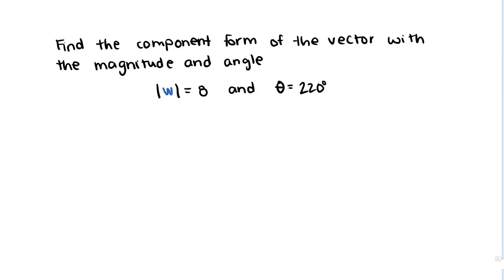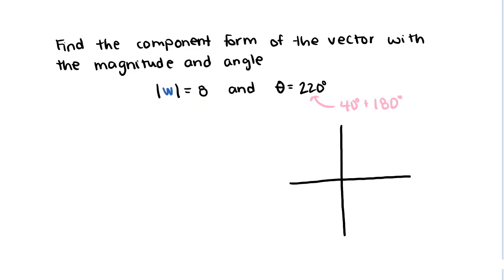So let's do the same thing and find the component form of the vector with magnitude and angle 8 and 220 respectively. And so here if we draw out our vector again, with the initial point at the origin, well, 220 degrees, that's 40 degrees past 180, or this is the same as 40 degrees plus 180 degrees.